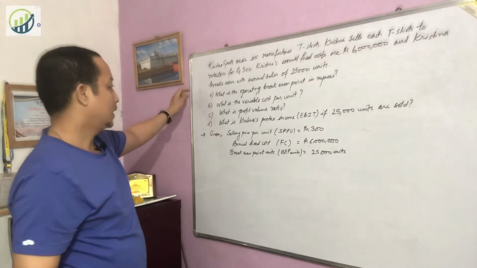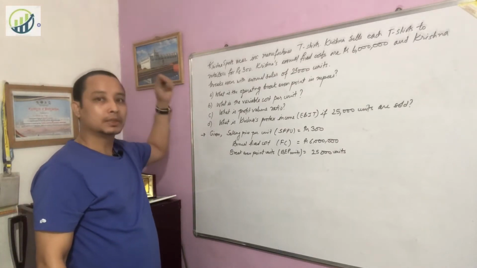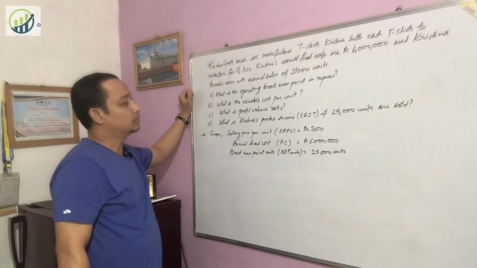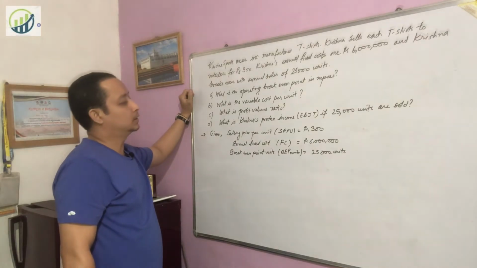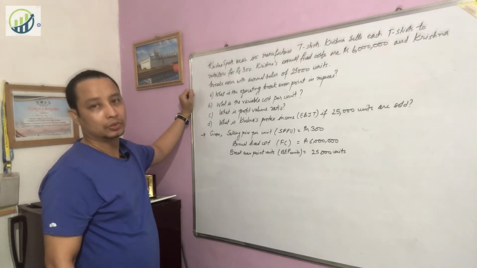So now you have to find the operating break-even point in rupees, the variable cost per unit, the profit volume ratio, and Krishna's pre-tax income, EBIT, if 25,000 units are sold.